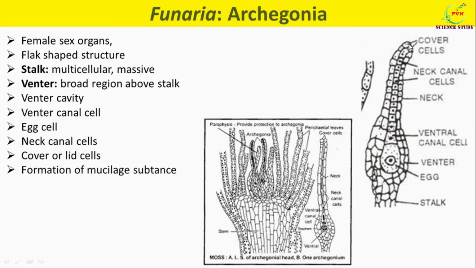At maturity, the neck canal cells and ventral canal cell disintegrate to form a mucilaginous substance. This mucilaginous substance absorbs water and swells up to create a pressure which results in the separation of the lid cells. So these cover cells or lid cells will be opened out later on.